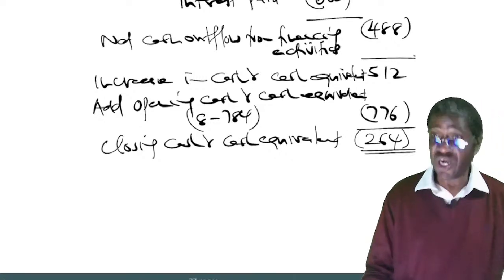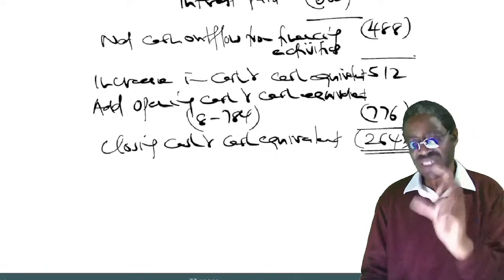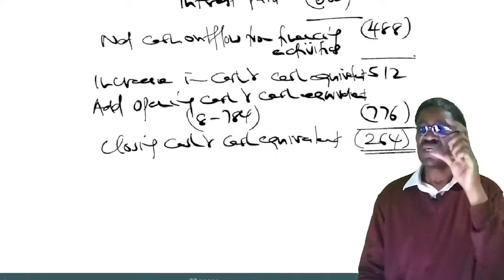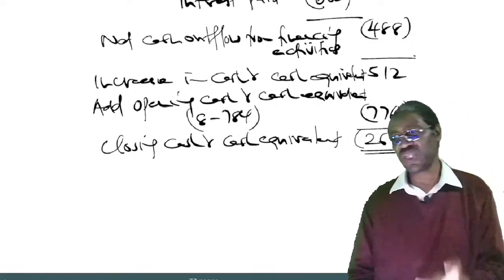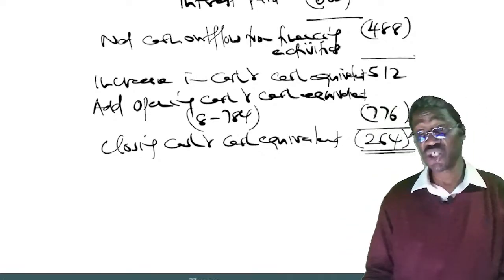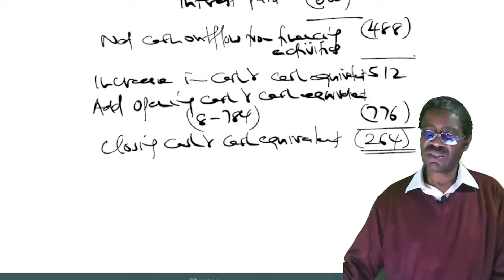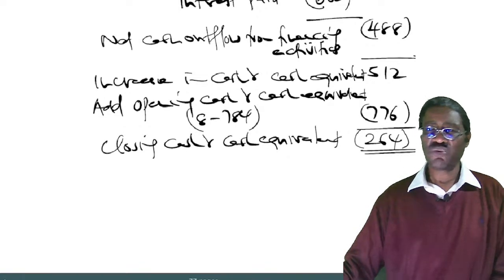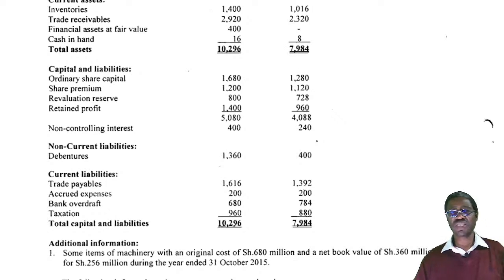We need to confirm that it is agreeing with our closing cash and cash equivalent. From the balance sheet this year, what do we have? Among the current assets, there is a financial asset of 400.